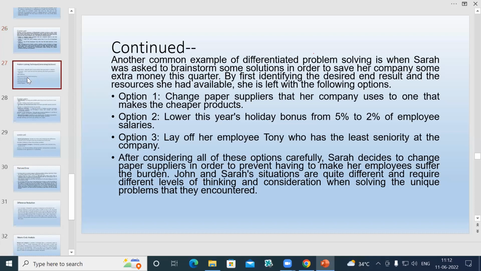Okay, so John and Sarah's situations are quite different, and they require different levels of thinking and consideration in solving the unique problem that they encounter. So the nature of the problem is different, thinking stages are different. Okay, so in that way, we can give examples to the students in your academics also. Next.